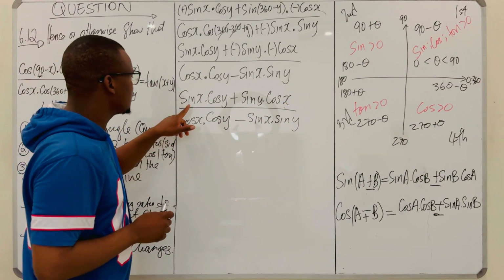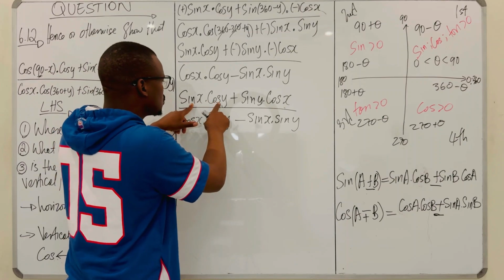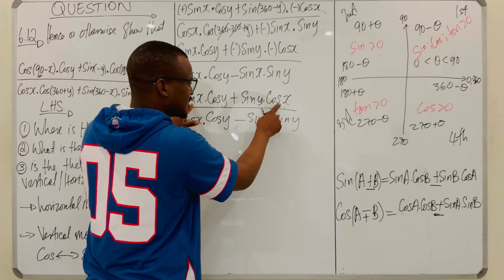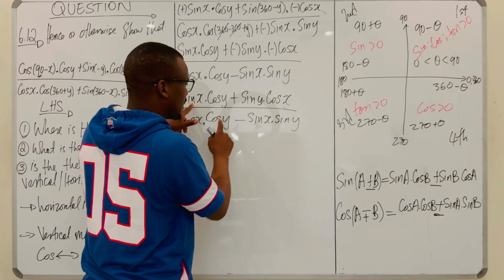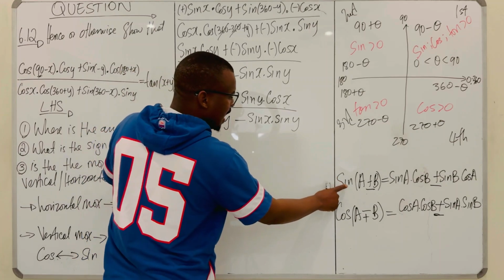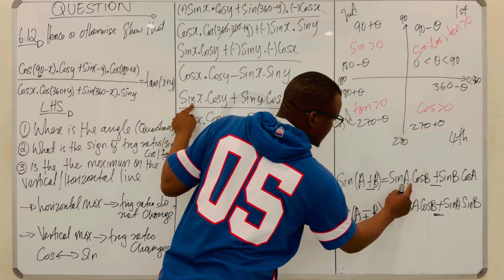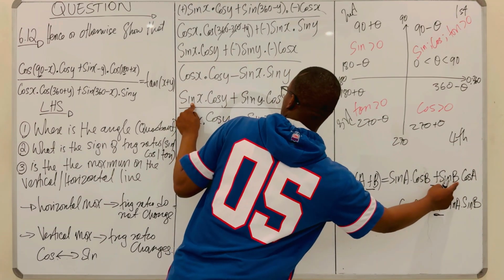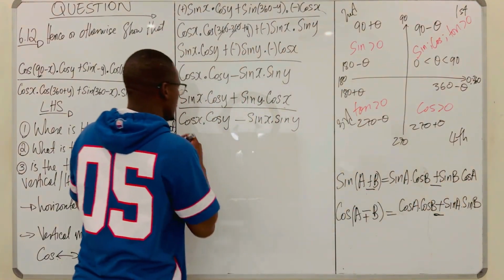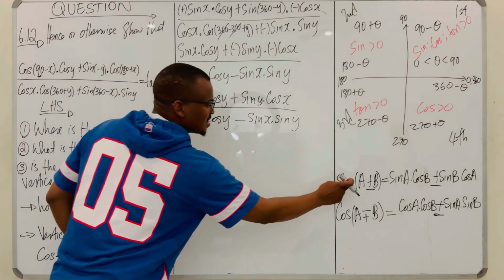So you have sine x cos y, sine y cos x. What does this look like? It looks like sine of A plus B, because sine A cos B, sine B cos A. So you're looking at something similar to the top one.